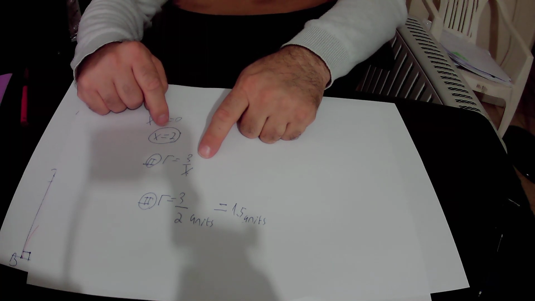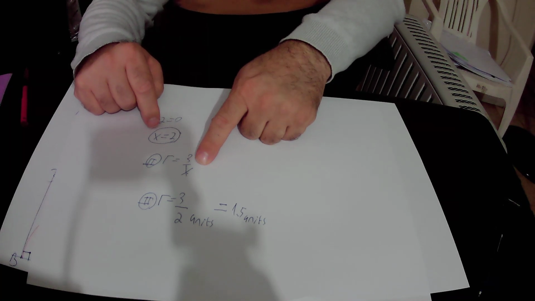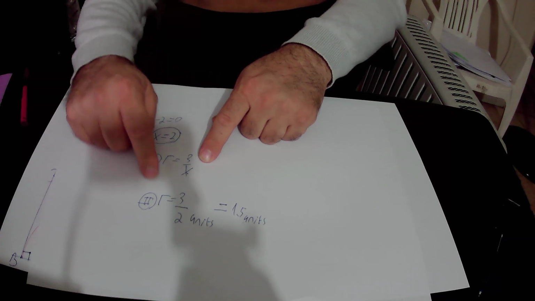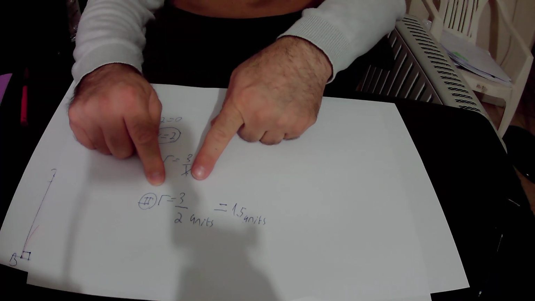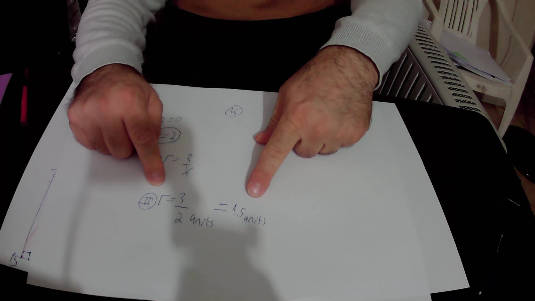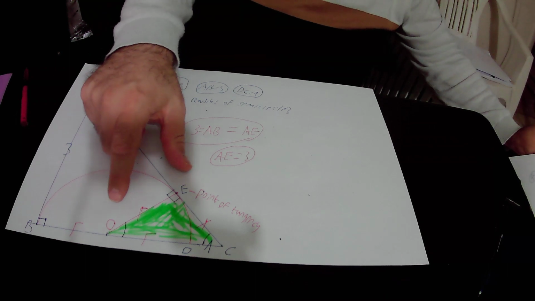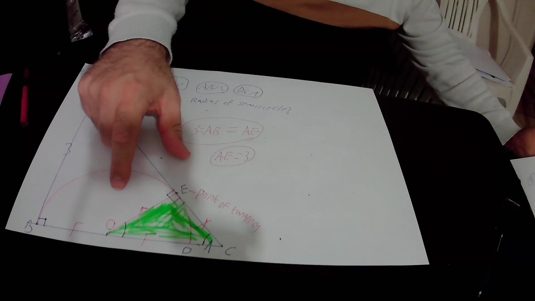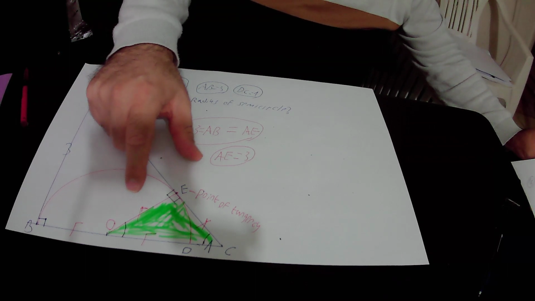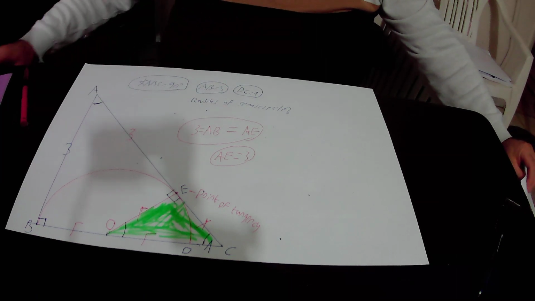So we substituted x by 2 in this equation number 2, and we got that the radius equals 3 over 2 units, or 1.5 units. I will repeat again, the radius of this semicircle equals 3 over 2 units, or 1.5 units. Okay, thank you very much.